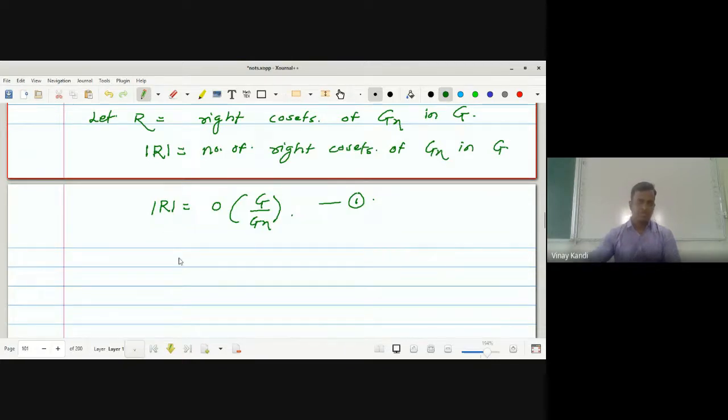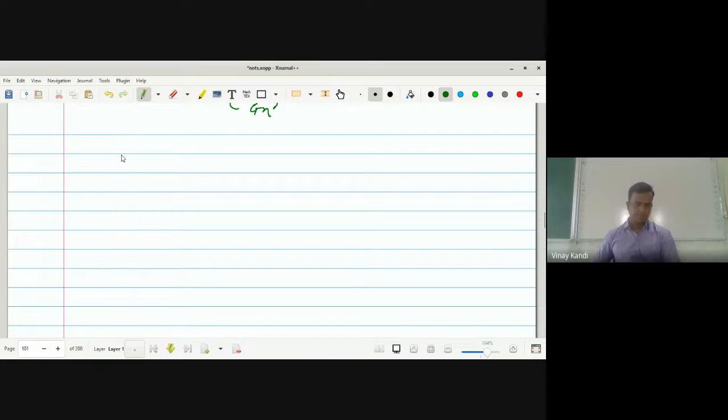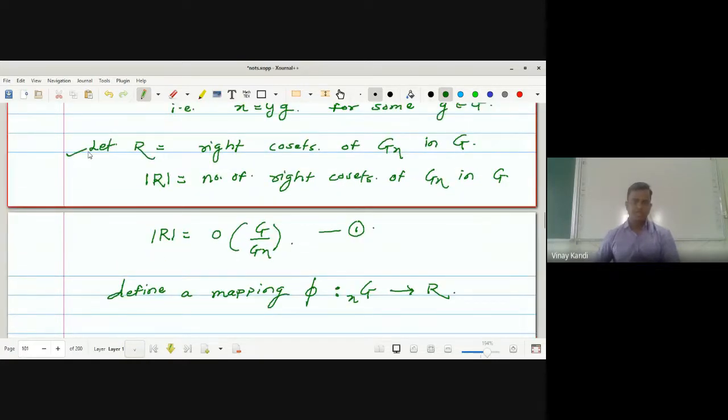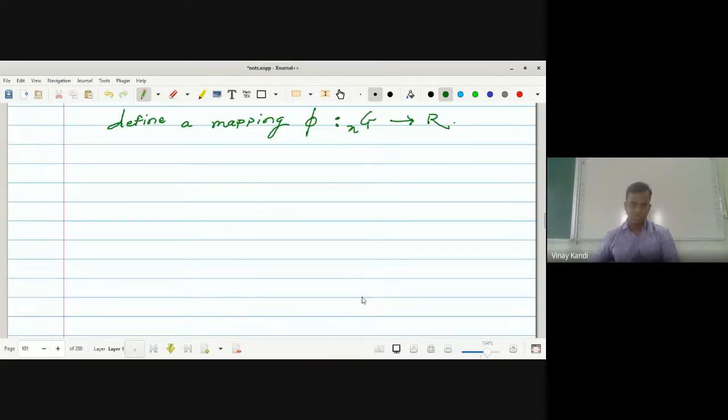Now define one map. Define a map, a function. Okay, first we have made a mapping, then we have to show it is a function, from xg to R. Okay, R is your set, the right cosets of Gx in G. Okay, what is xg? The orbit of x in capital X under G. Okay, look carefully.